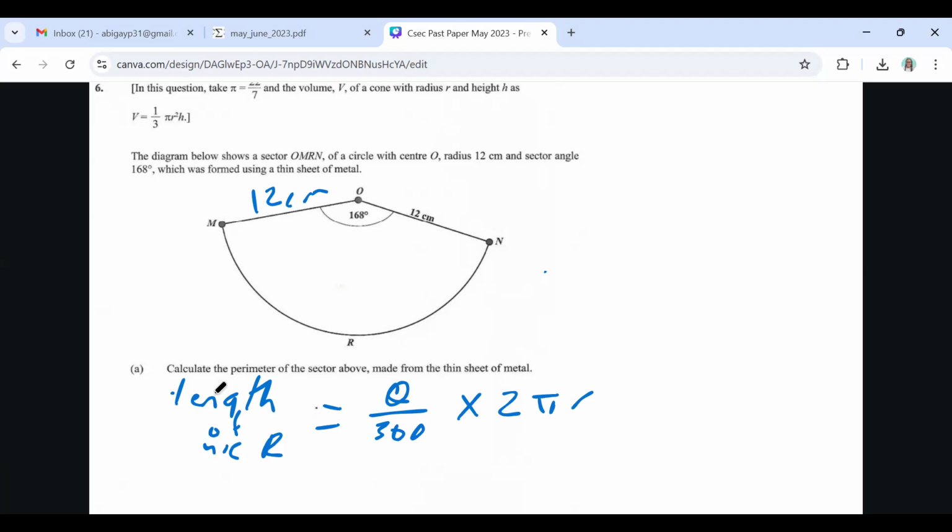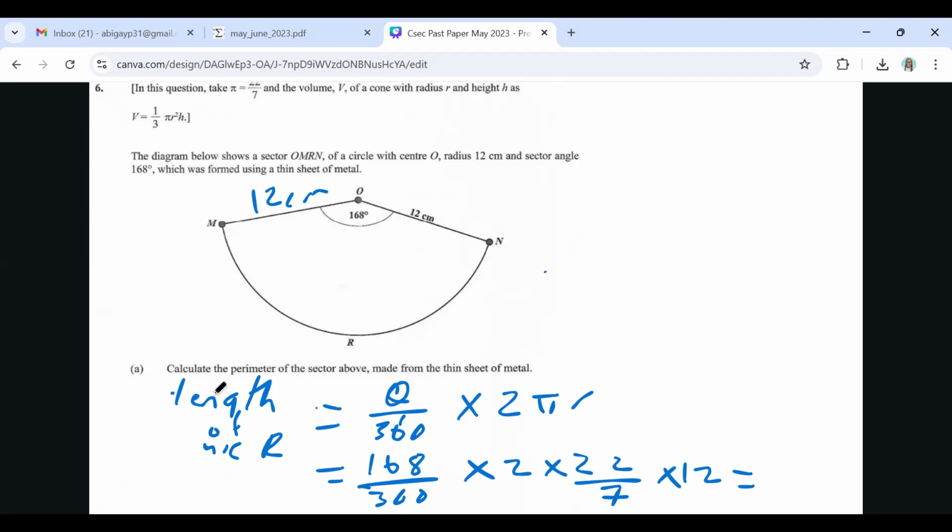So we know the angle is 168, so 168 over 360 times 2 times pi, which is 22 over 7, times 12, which is also our radius.